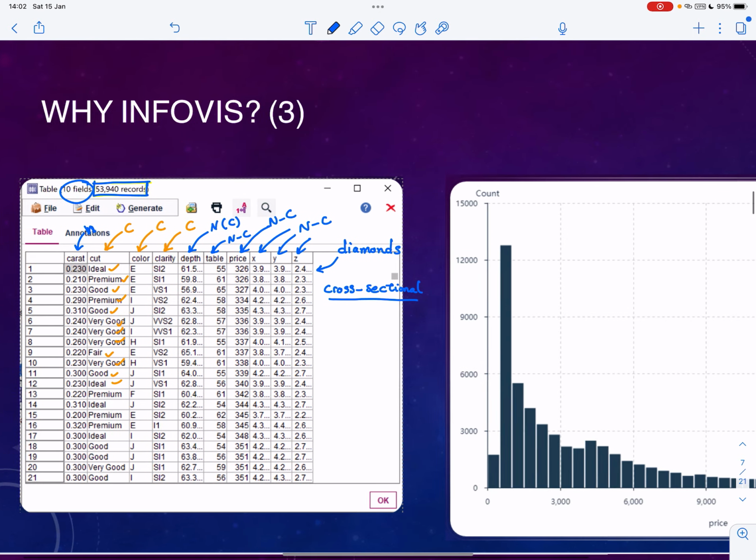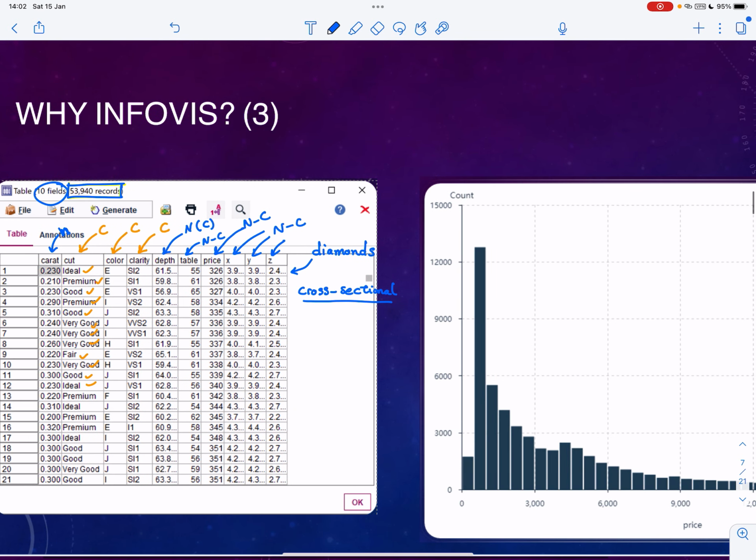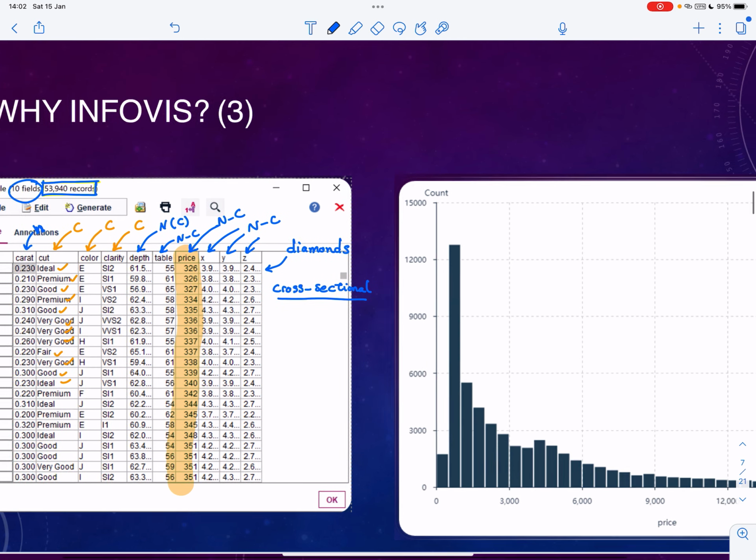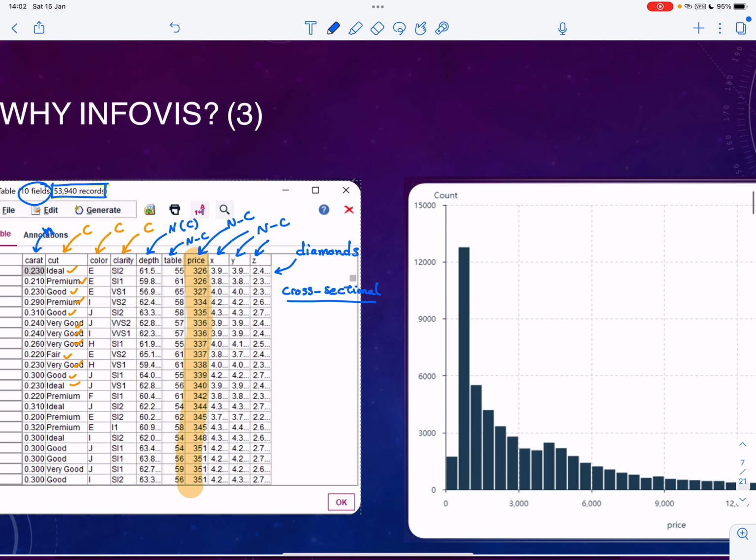So let's say that we want to study the price. We want to study this variable. How many numbers do we have in this variable? Well, equal to the number of records, 54,000 almost. So one way is going through all that 54,000 numbers.